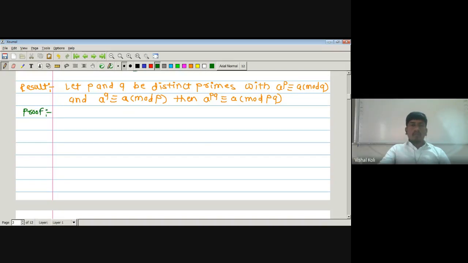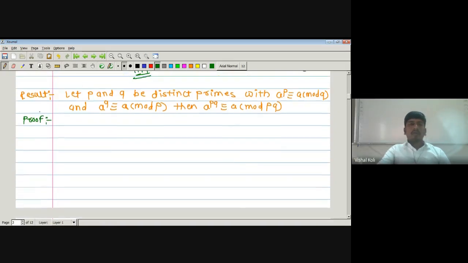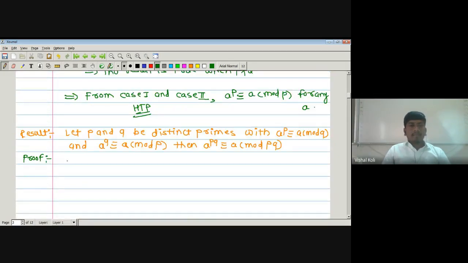Now from the above corollary, a to the power p is congruent to a modulo p for any arbitrary integer a.